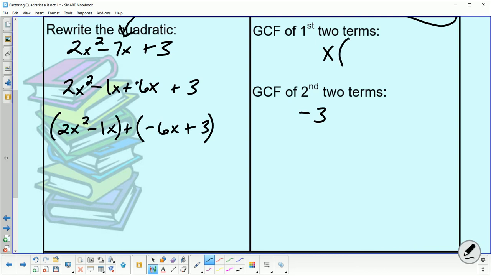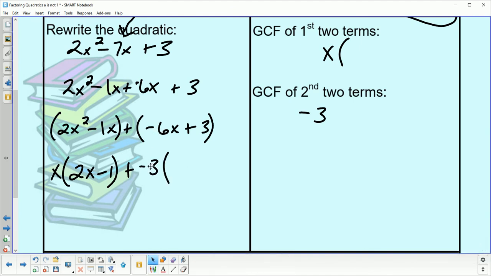Okay, if I factor an x out of my first 2 terms, I would get 2x minus 1. Think about how we did greatest common factors the other day. If I factor out a -3 here, -6 divided by -3 gives me 2, and I still have the x, and 3 divided by -3 is a -1.